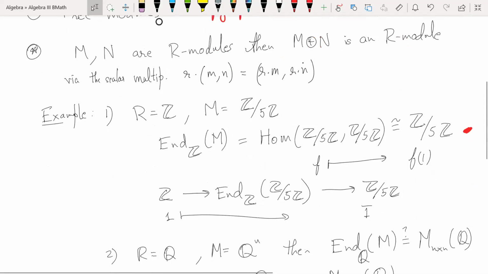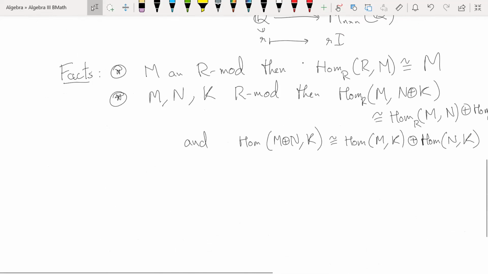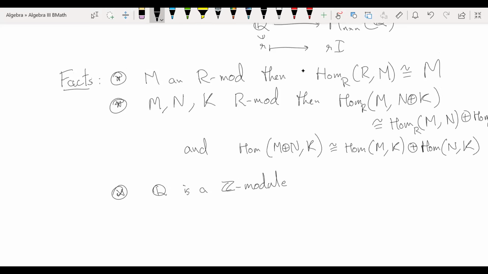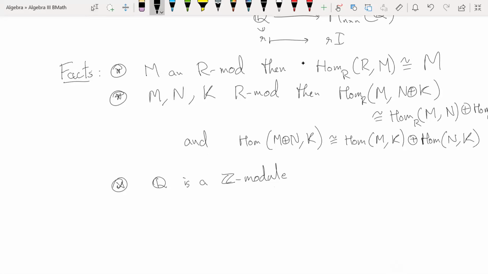For instance, you can take Q over Z. Q is an abelian group, so automatically it becomes a Z-module, but it's not free. And you can't kill any element. Take any element r of Q and any nonzero element n of Z; n times r is never 0.